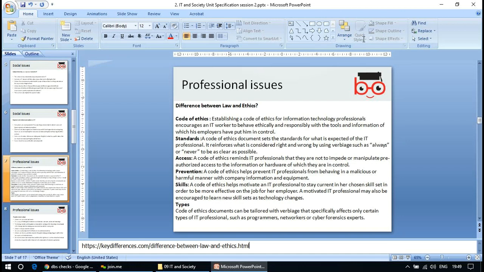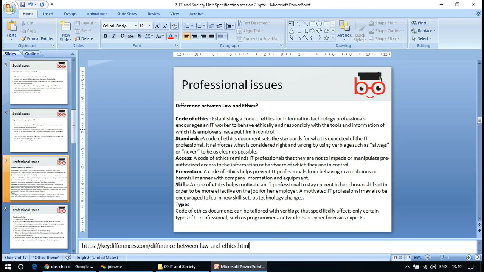Okay. So code of ethics is the topic here. Establishing a code of ethics for information technology professionals encourages IT workers to behave ethically and responsibly with the tools and information of which their employers have put them in control. So the standards: a code of ethics document sets the standards for what is expected of the IT professional.